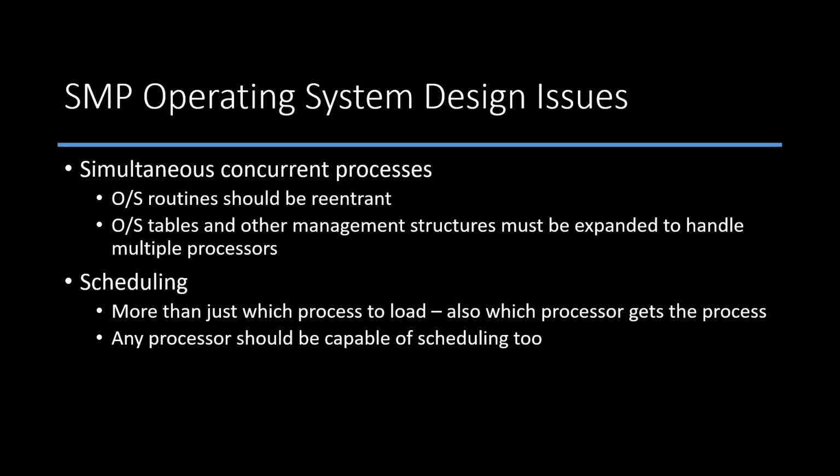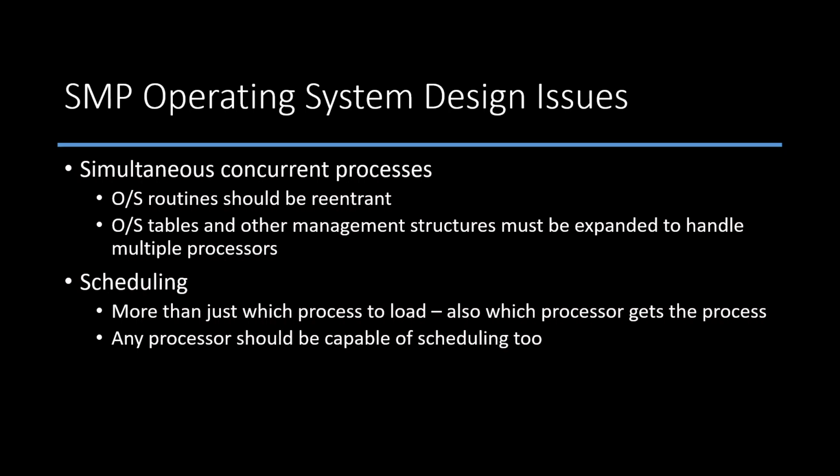In other words, I need to be able to have different cores call the same function in the same memory location. We need to make sure that those functions, those routines, don't get corrupted data or corrupted operation if two cores are executing them at the same time.